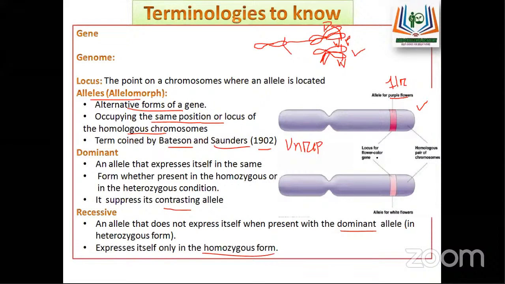So this chromosome carries only this much portion and the other chromosome carries this much portion. For this particular flower color gene, purple color was dominant over white color. But since the purple color allele is not existing right now, the white color allele will come into action. This particular condition is called pseudodominance, and the condition of the chromosome is called hemizygous.